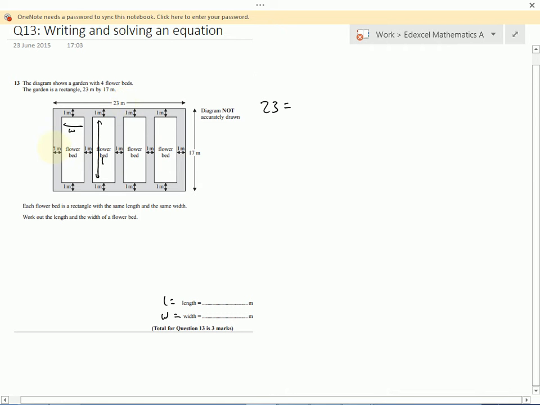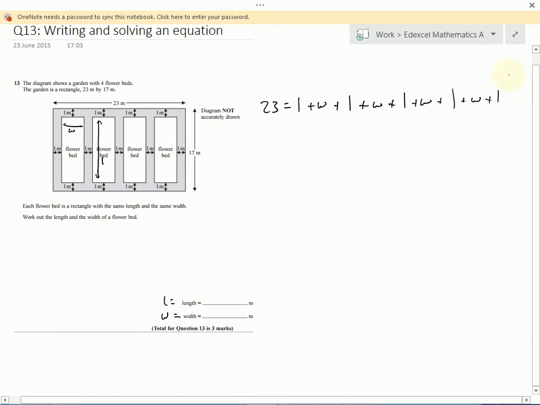We start with 1 metre from the edge, then W, the width of this flower bed, then 1 metre separating, then the same width again, because each of the flower beds is the same, it says so in the question. Then another metre, another W, another metre, then the final flower bed, and 1 more metre until the end.